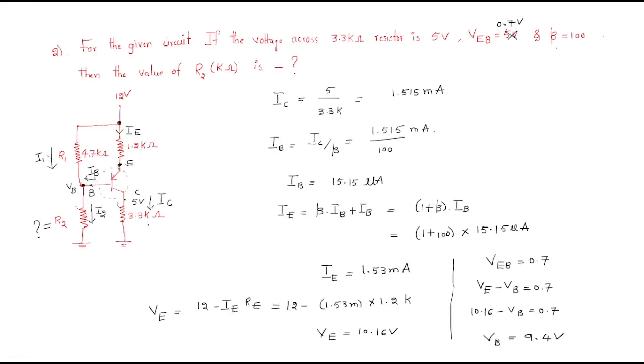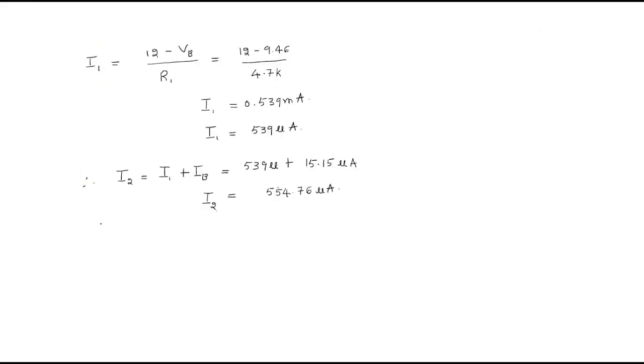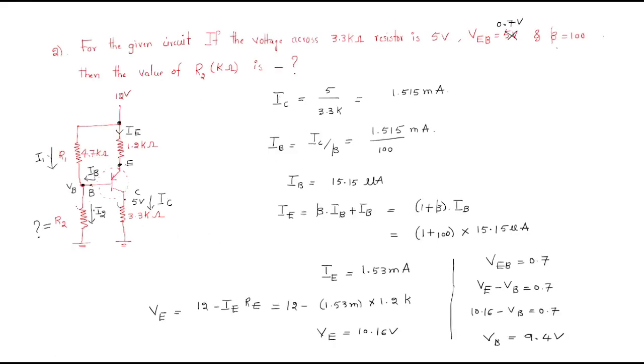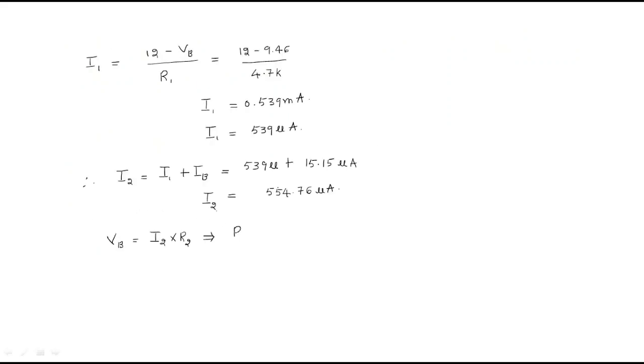So here we know the current I2, and we know the VB value. By using this we can find out the R2 value. From that I can write directly VB is nothing but I2 into R2. So the R2 value equals VB by I2.